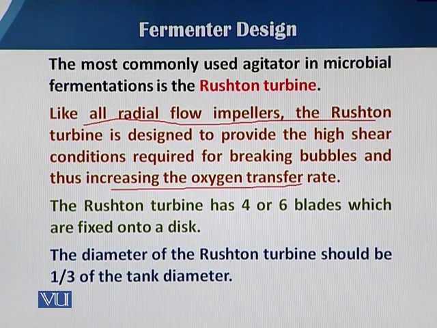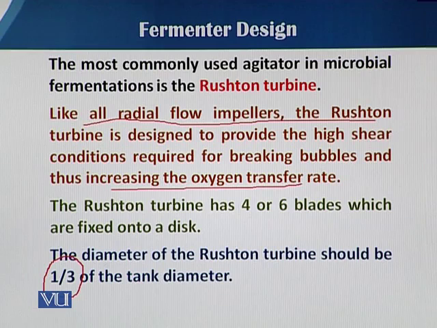The point here, which we have already discussed while talking about the geometrical ratio of single impeller or multi-impellers, is that the ratio between the Rushton turbine impeller width and the diameter of the fermenter is 0.33. You can directly see here that 1/3 of the total diameter of the fermenter should be the width of the impeller space.